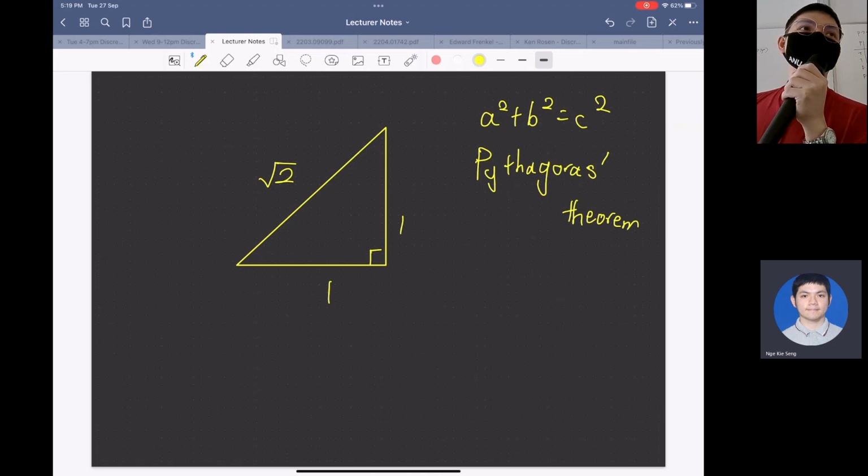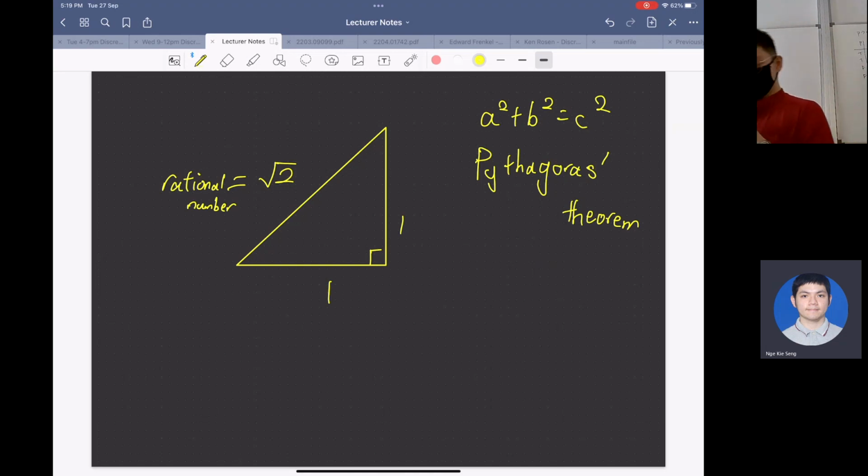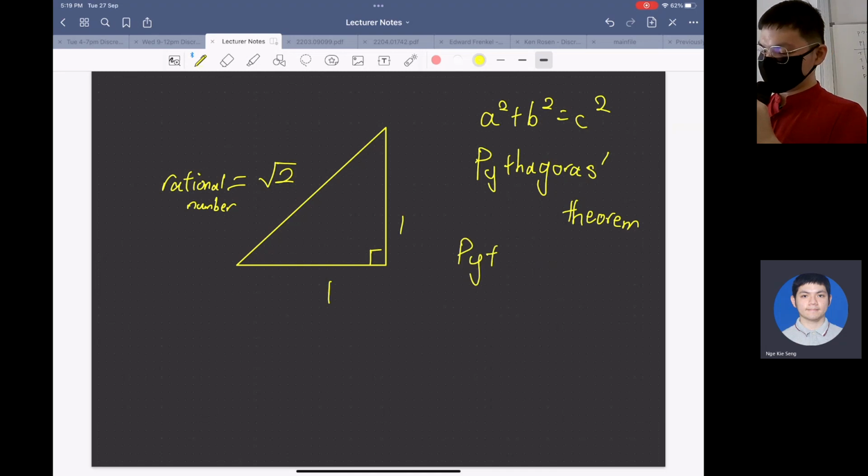They wanted to figure out what number this is. They thought it should be a rational number. In fact, it is not. Someone told them it's not, and the Pythagoreans got very angry at him and even killed him.